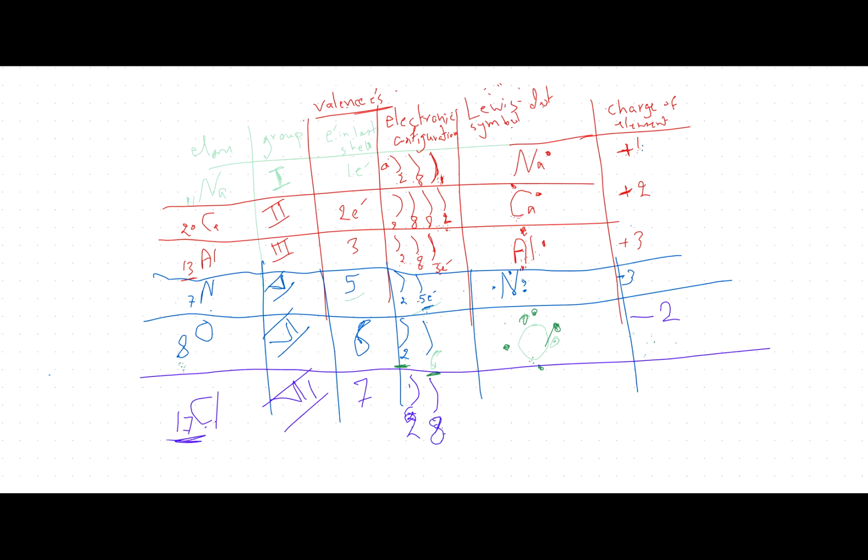How much in this level? Count them. 2 plus 8, 10. How much does it still have? 7. 7. Okay, very good. So there is the symbol. It's not oxygen.